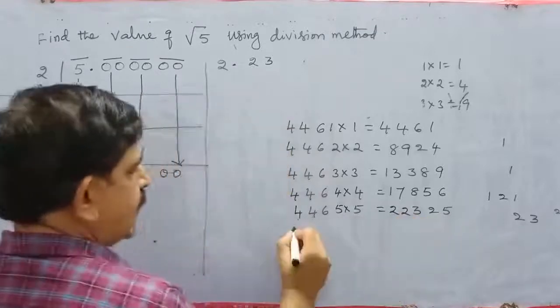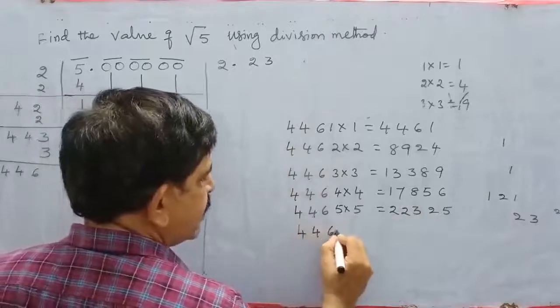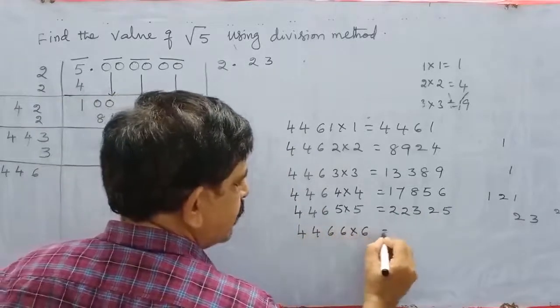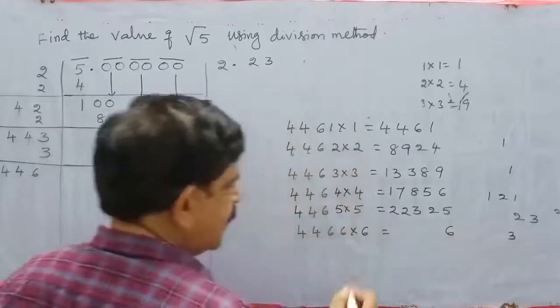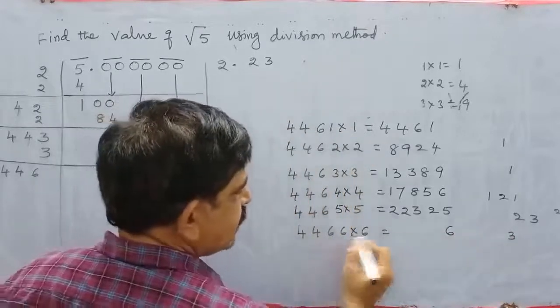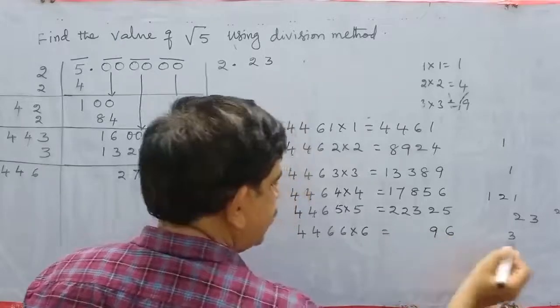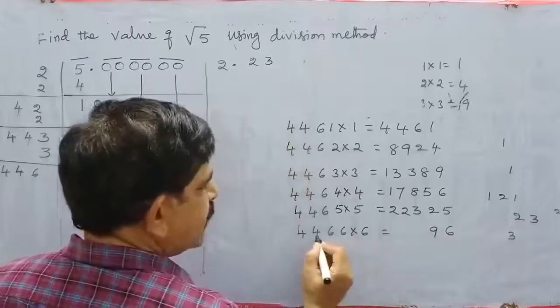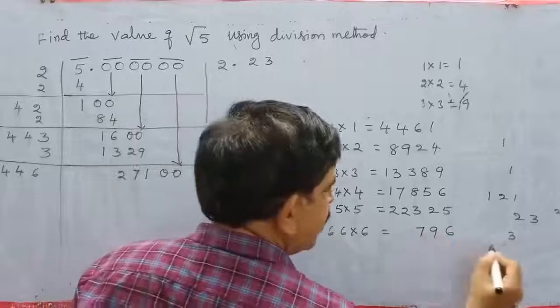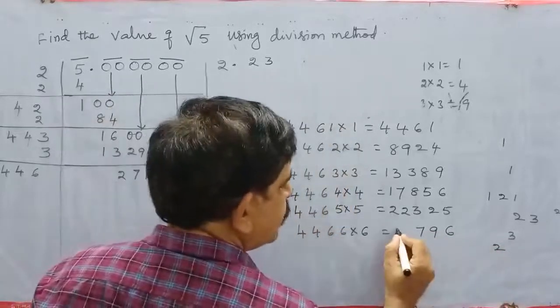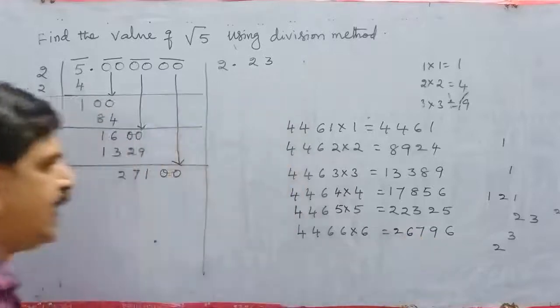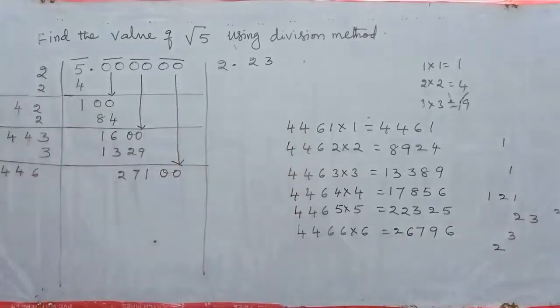Okay, next 4466 into 6: 6 6s are 36, 3 remainder, 6 6s are 36 plus 3, 39, 3 remainder, 6 4s are 24 plus 3, 27, 2 remainder, 6 4s are 24 plus 2, 26, 26,796.